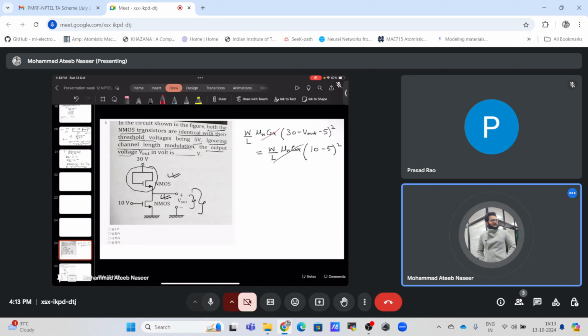So these terms cancel, and we get 25 minus V out equals 5 squared, or 25 minus 5 is V out, so V out is simply 20 volts. So option B is the correct option.